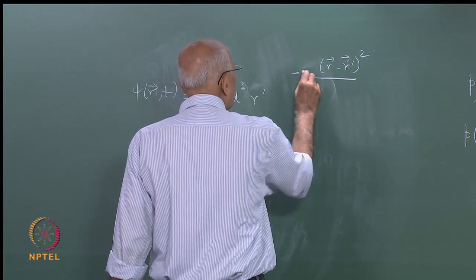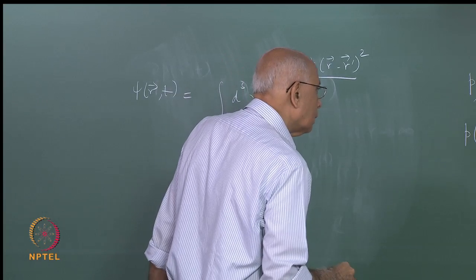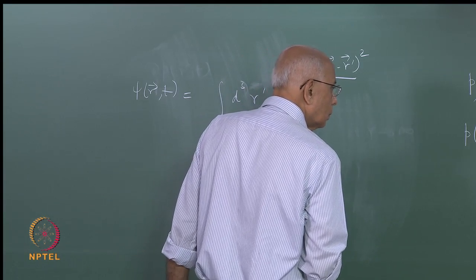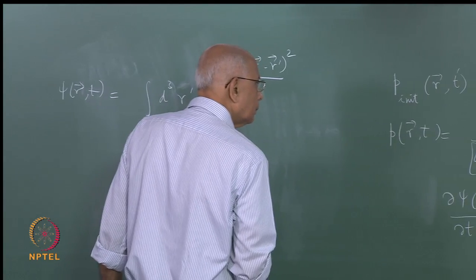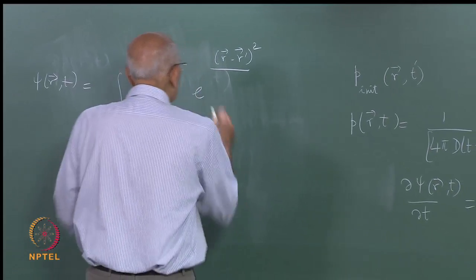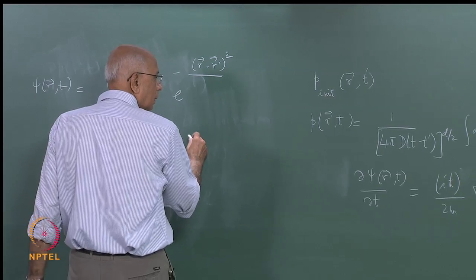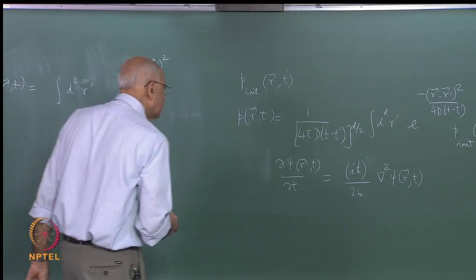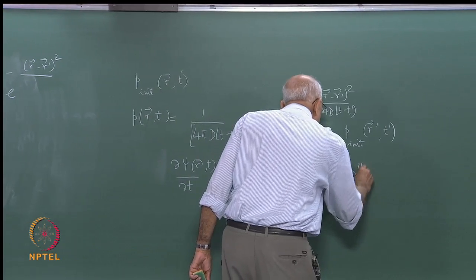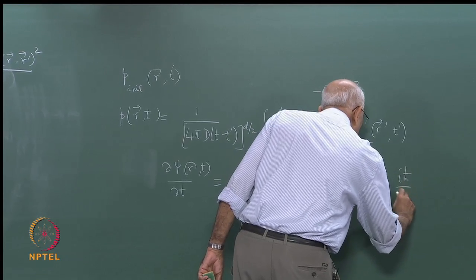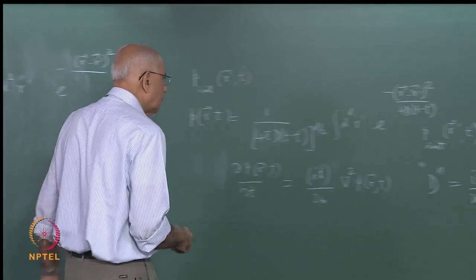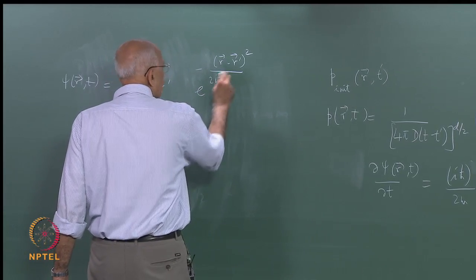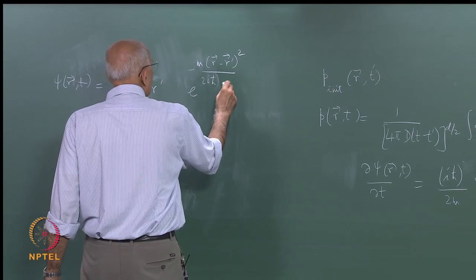So the i h cross goes up, and you want 4 times that, so 4D is 2 i h cross over m, times (t minus t prime).